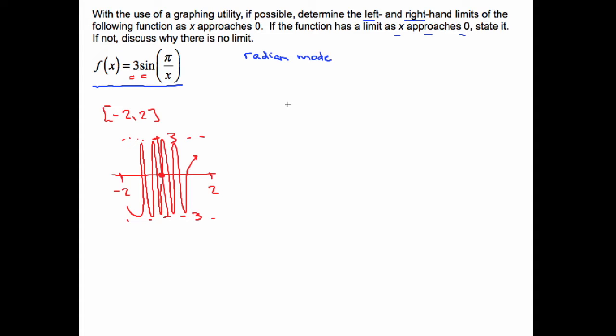I'm going to graph between -0.1 and 0.1. And again, I'll label my x-axis -0.1 to 0.1, and on the y-axis, I know the outputs will go between -3 and 3.